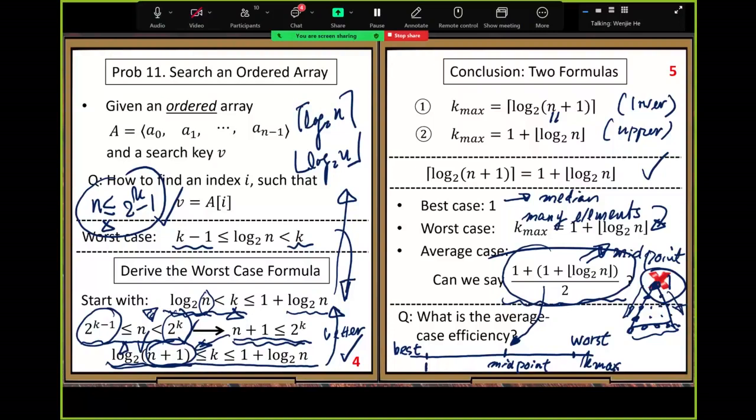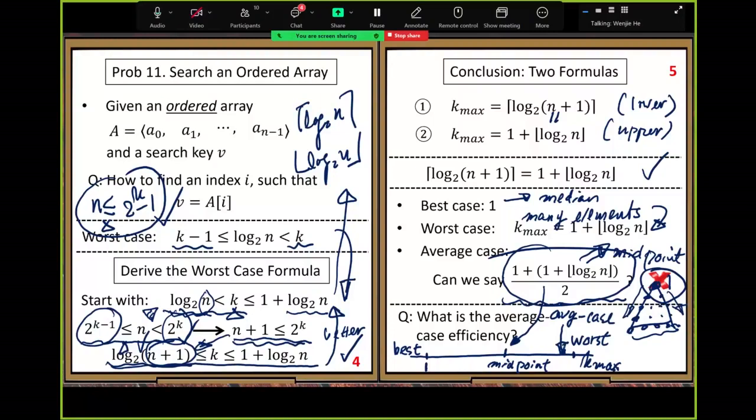Now I want to give you the result. Where is the location of the average case? The location is right here, very close to the worst case.